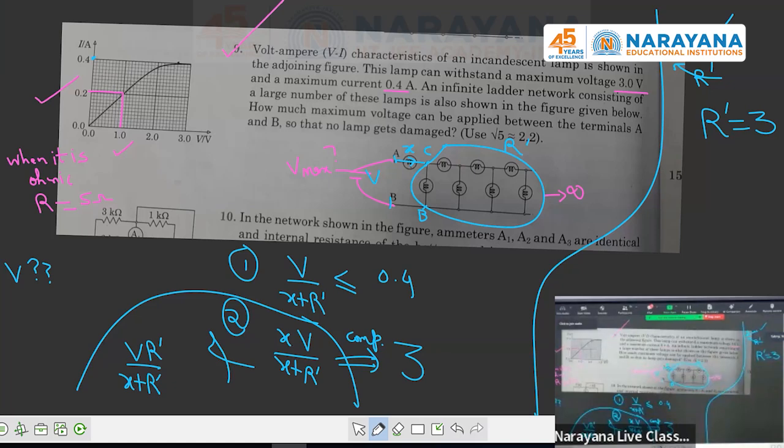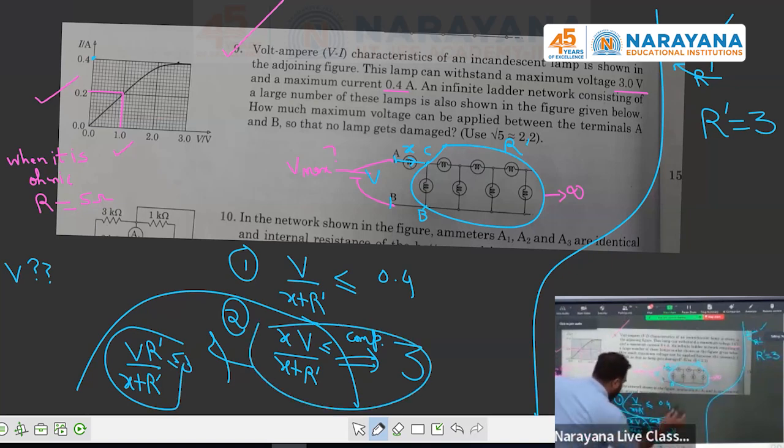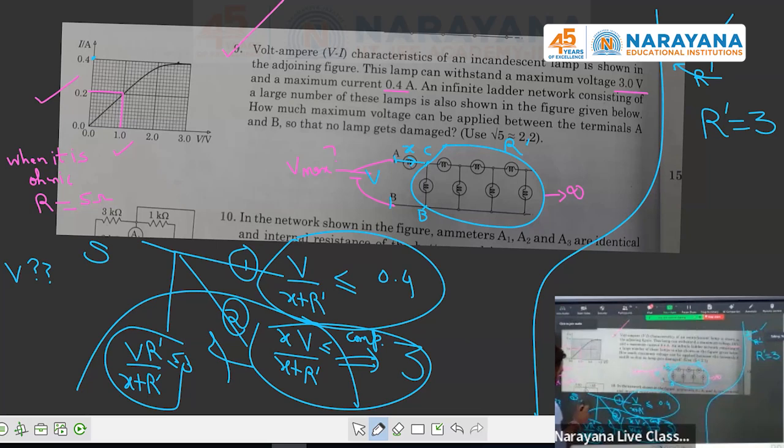Ideally, I should check all three of them. Ideally, after calculation of R prime, I should confirm that this value is less than equal to 3. This is also less than equal to 3. So this condition, and this condition. So for all these three inequalities to be simultaneously satisfied, if I can satisfy them, my purpose is served.